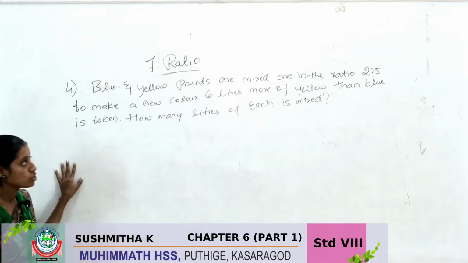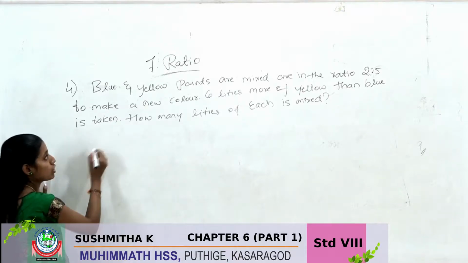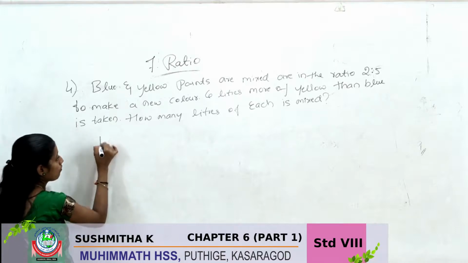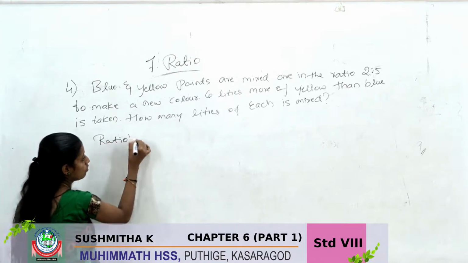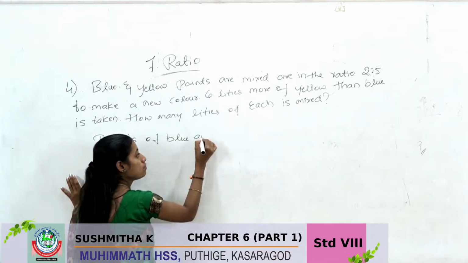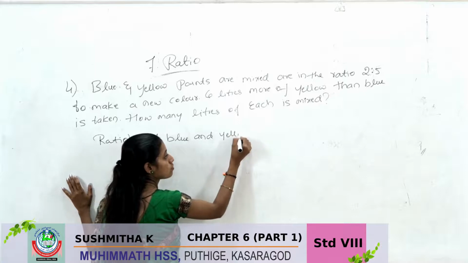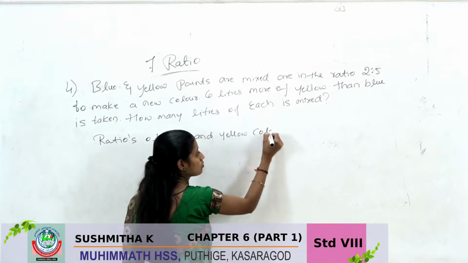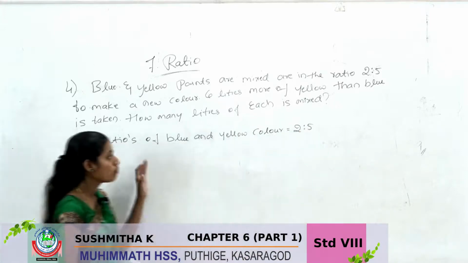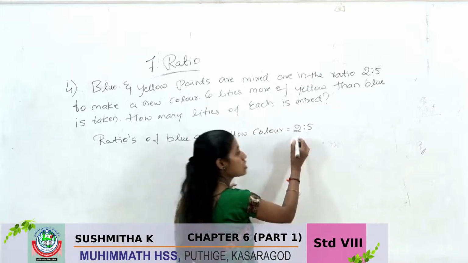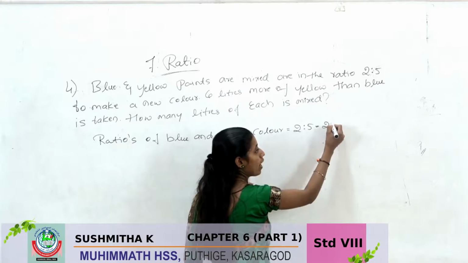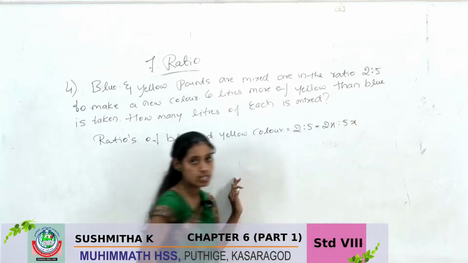So first we should write the ratio of blue and yellow color. The ratio of blue and yellow color is 2:5. We should write it as 2x:5x.